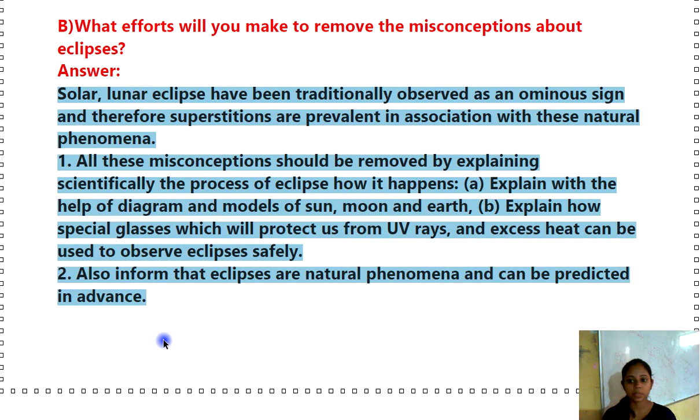A. Explain with the help of a diagram and the model of sun, moon and earth. B. Explain how special glasses which will protect us from UV rays and excess heat can be used to observe eclipse safely. Also inform that eclipses are natural phenomena and can be predicted in advance.